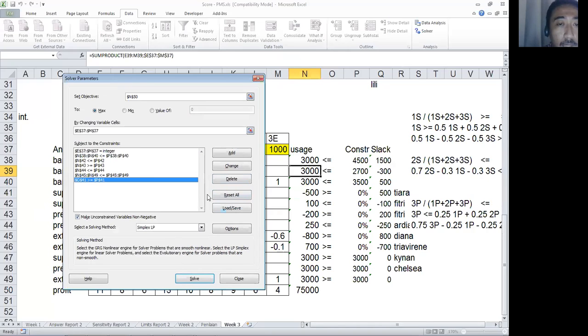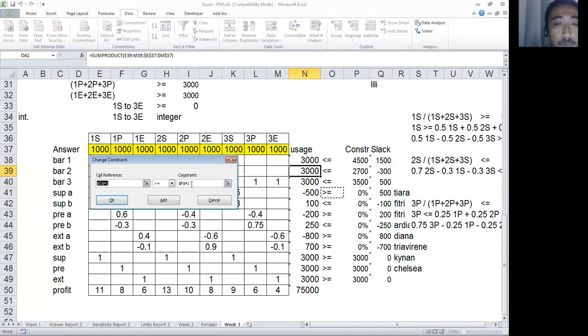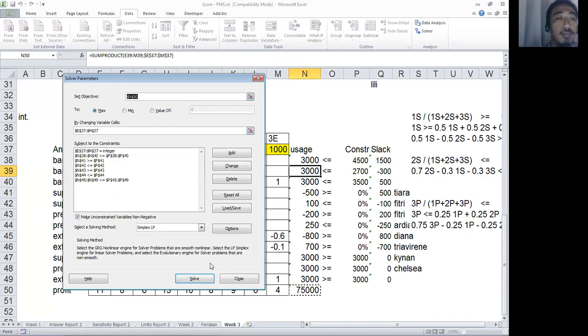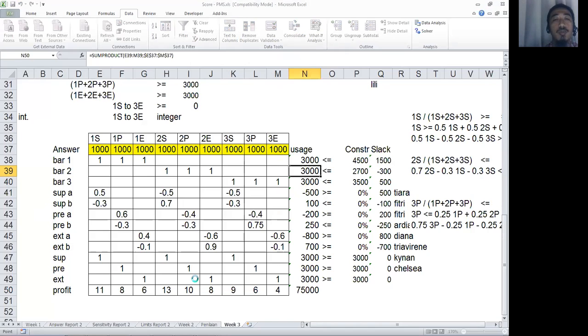We need to change this from O. Okay, it should be here. Then all of them are in N, and the right side is P. Okay, now we can solve this one.